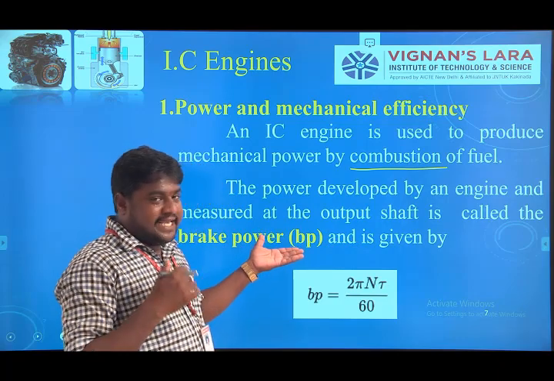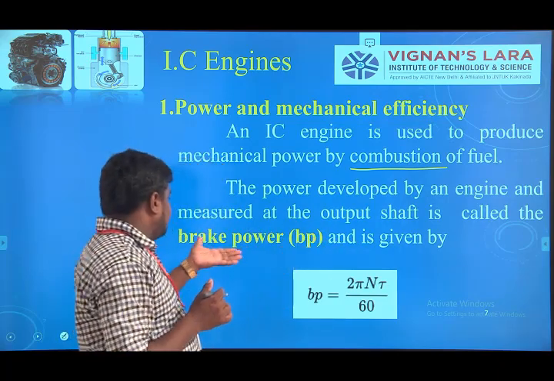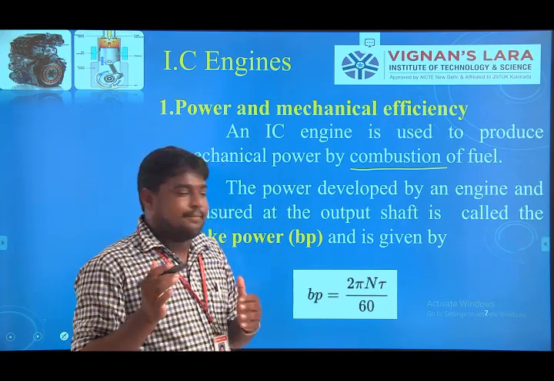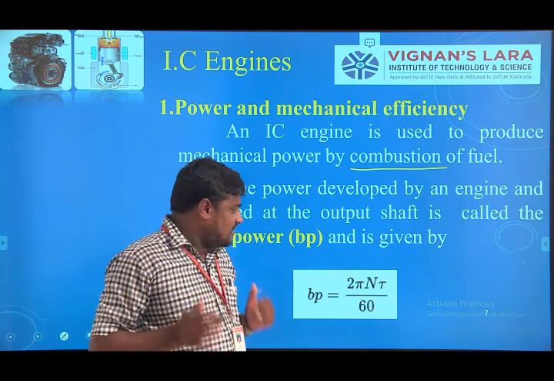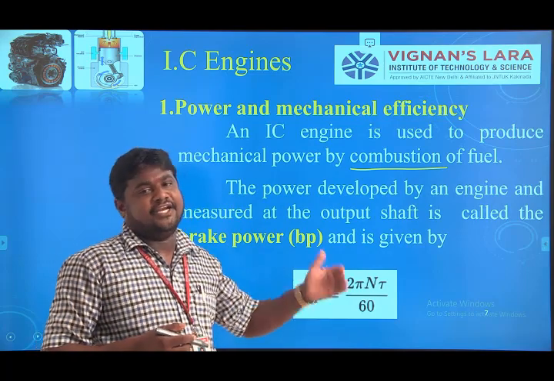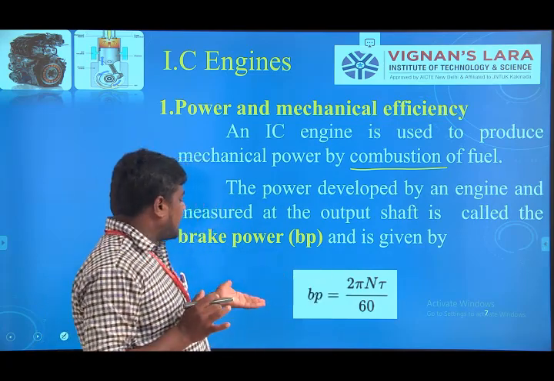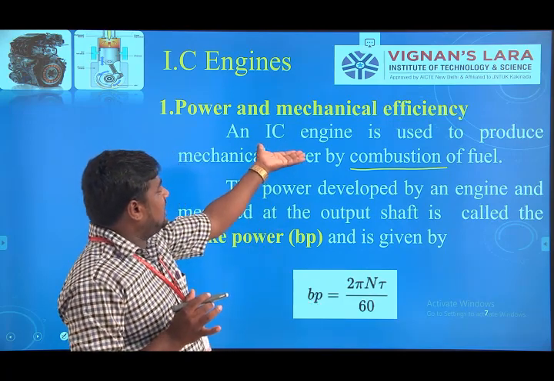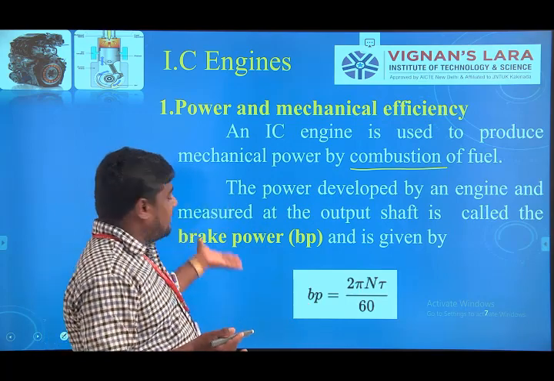Once again I repeat it. The power developed by an engine and measured at the output shaft is called the brake power. Here there are two types of power, that is the brake power and indicated power. Okay, we calculate the brake power first because we want the thermal efficiency, that's why we should know the brake power.